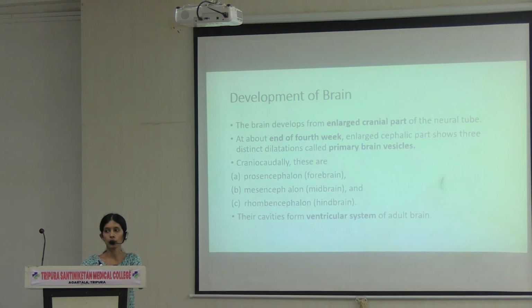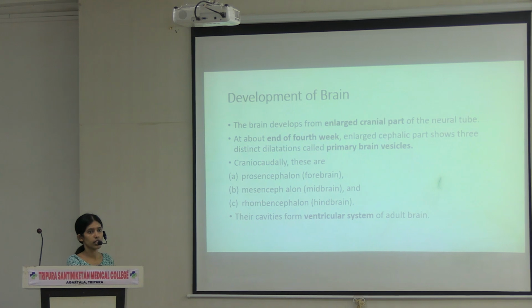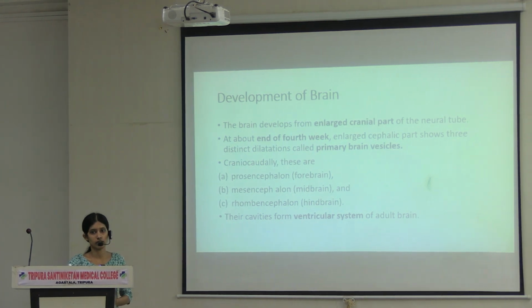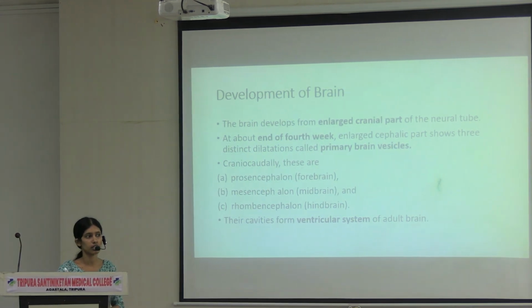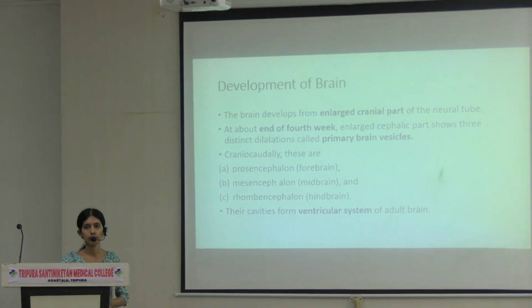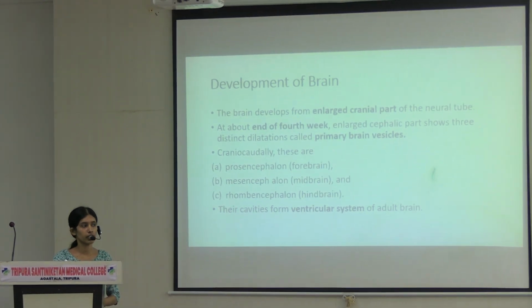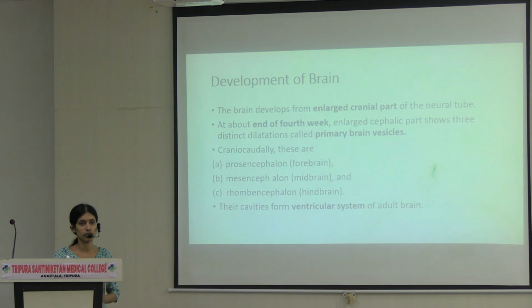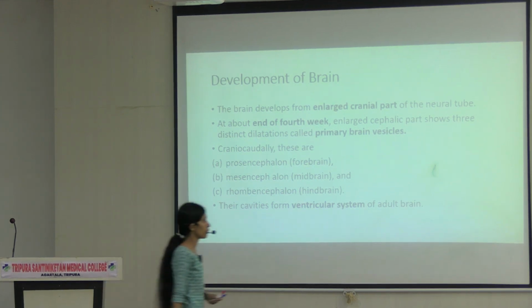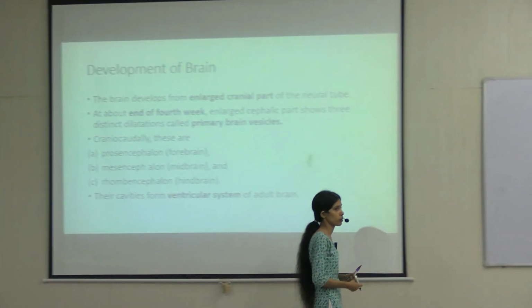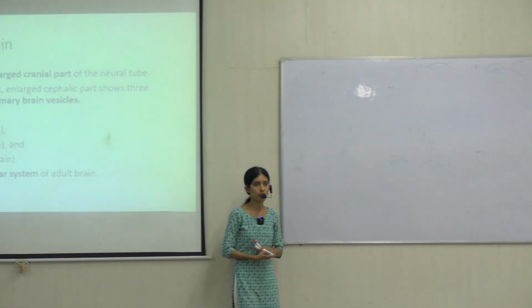So what was the last topic? Which topic did we discuss in the last session? It was development of the nervous system. In which week can we see the development of the nervous system? It takes place in the 3rd and 4th week.